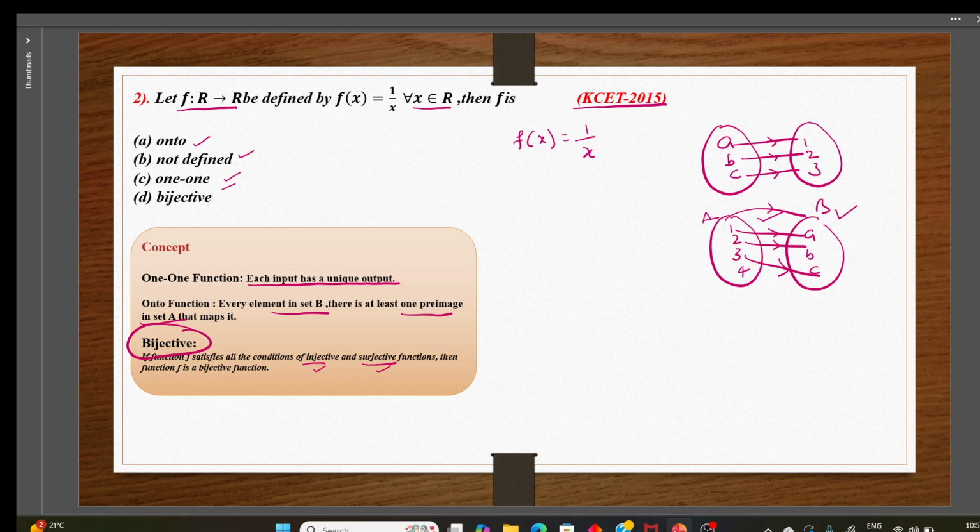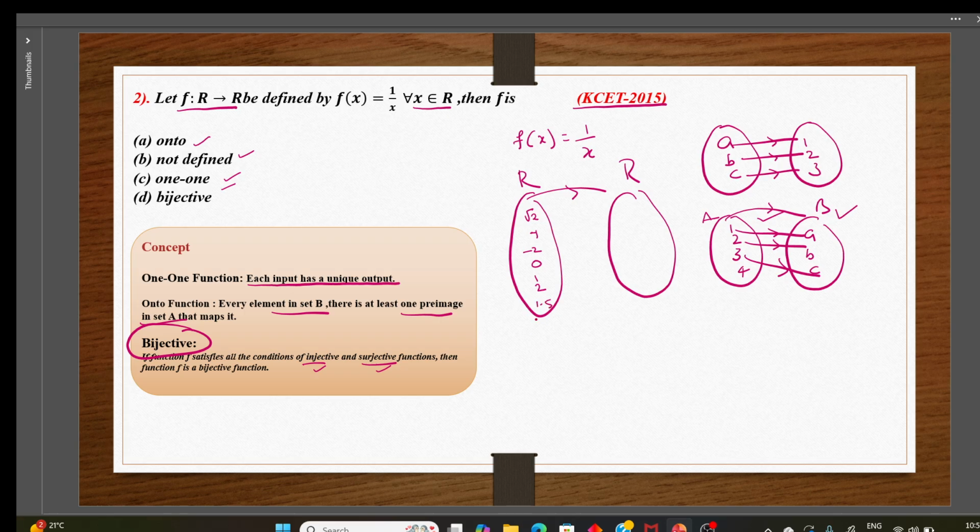Now here the question is f of x is equal to 1 by x. Consider a function from real numbers to real numbers. Real numbers means we can consider any numbers like integers, rational numbers, for example root 2, or -1, -2, 0, 1, 2, or 1.5.